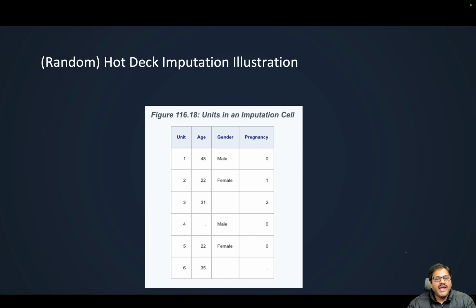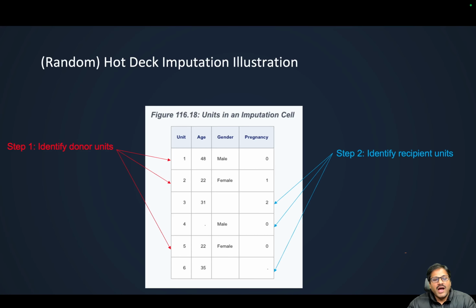In hard deck imputation, first we identify the donors, that is, rows with complete information. Once we identify the donors, next we identify the recipients, that is, rows which contain missing data.